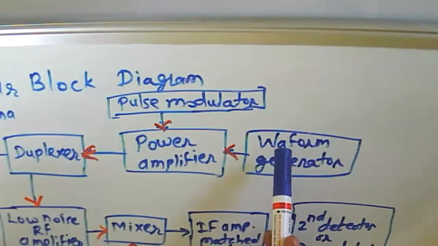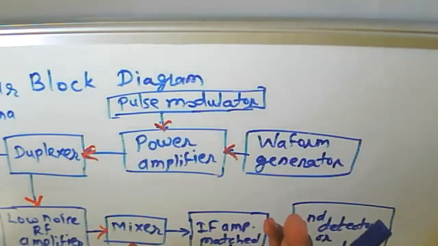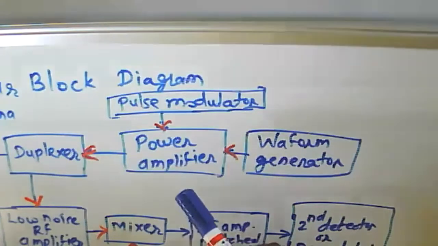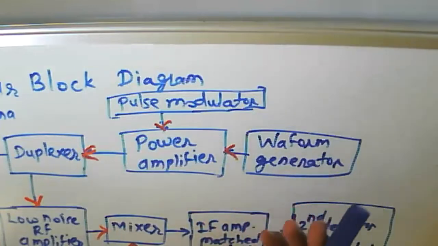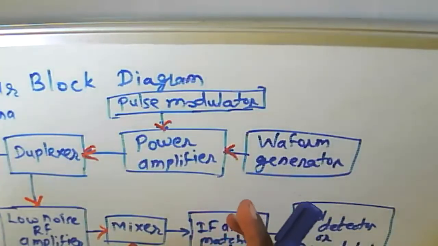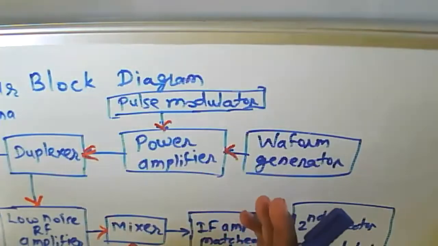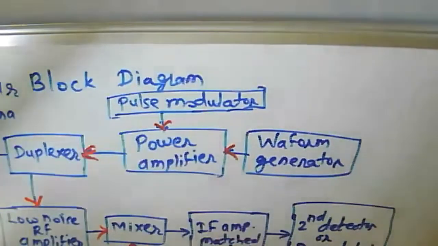Mostly people use a Klystron tube amplifier for amplification of the signal, or a magnetron-based oscillator, which will generate the pulses. When we are using a pulse radar, or pulse transmitting, we consider a magnetron.